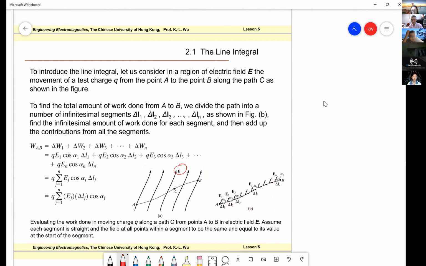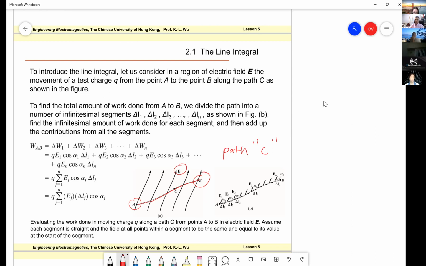Then I define an artificial wire, an invisible line path from point A to point B. This path, I call the path C.